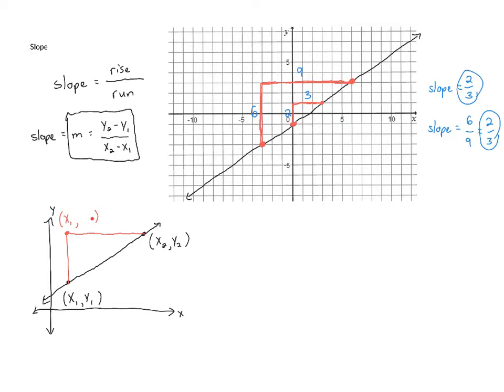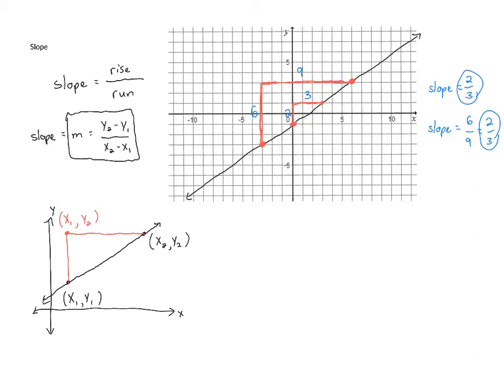Now let's look at the y coordinate here. The y coordinate represents the height of this point. Well, which point has the same height as this one? That's going to be the one over here. Because these 2 points have the same height, they have the same y coordinate. So both of those will have a y coordinate of y2.